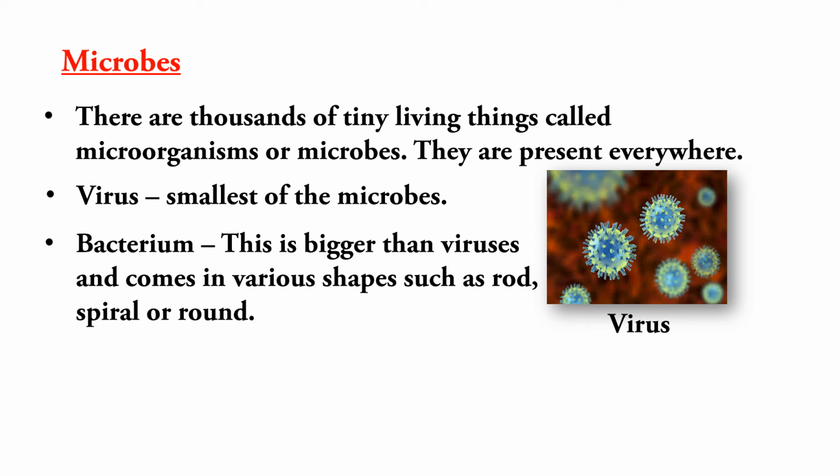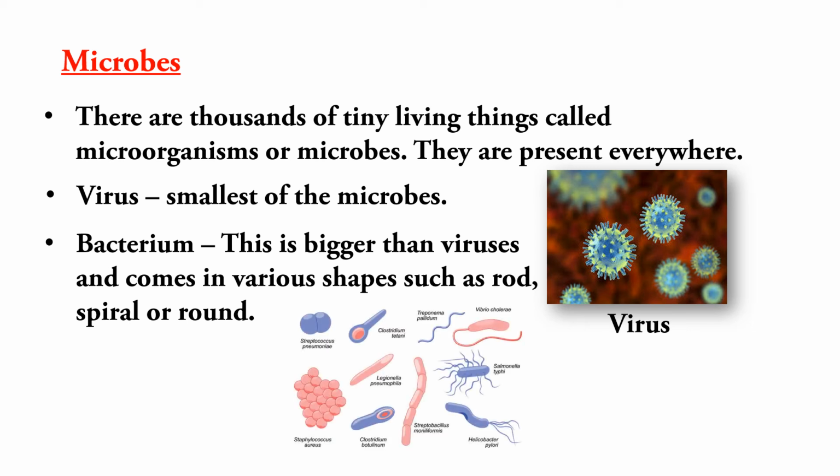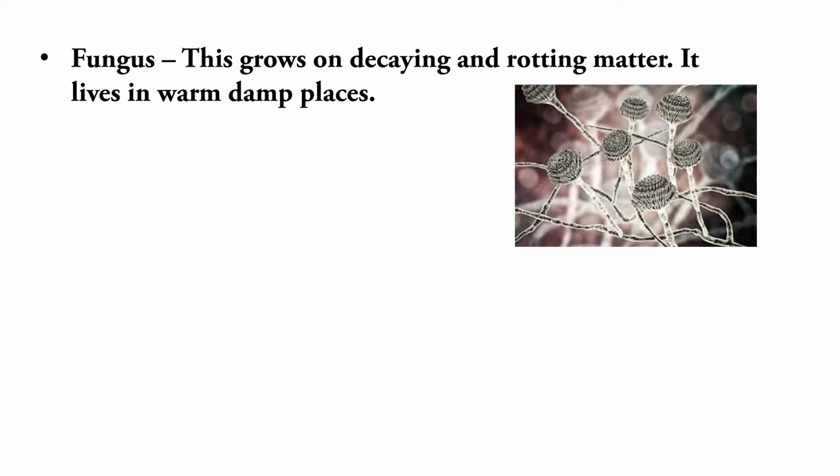This is bigger than viruses and comes in various shapes such as rod, spiral or round shape. Fungi are microbes that grow on decaying and rotting matter. They live in warm, damp places. Fungi cause many diseases.